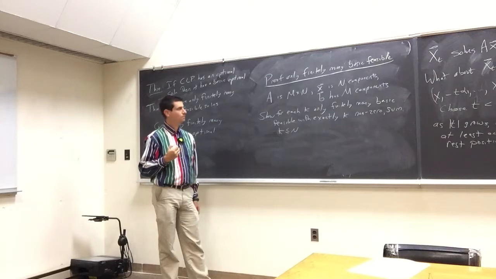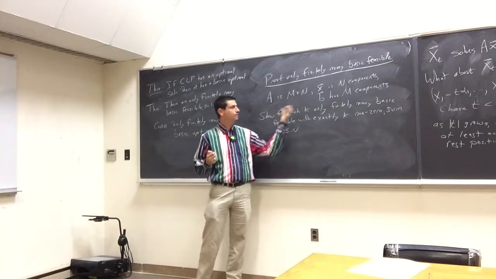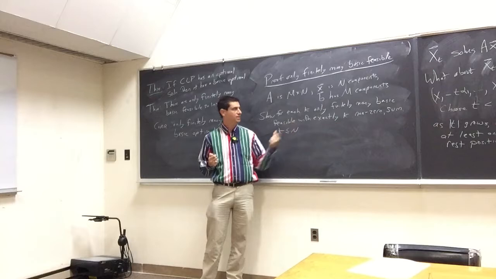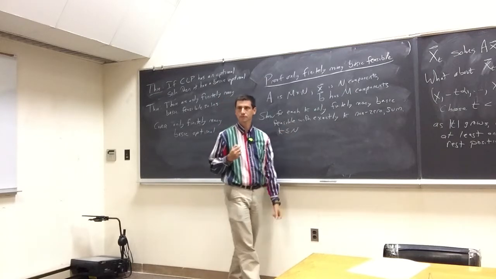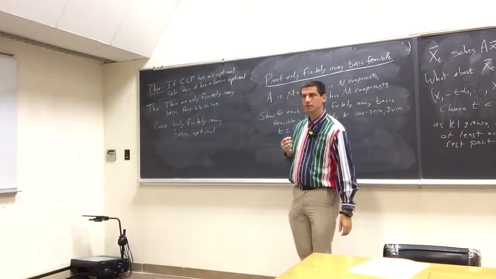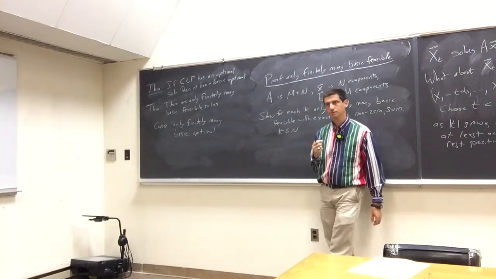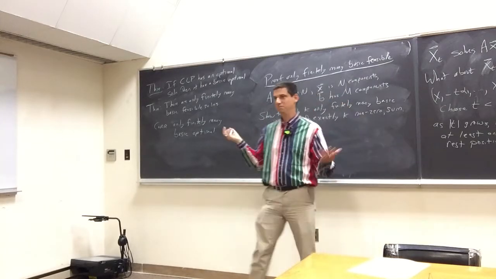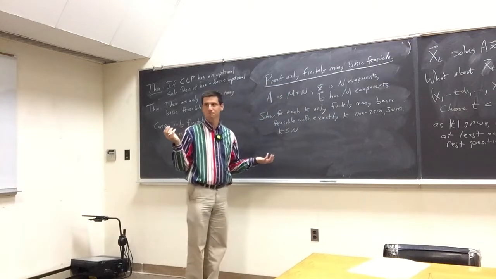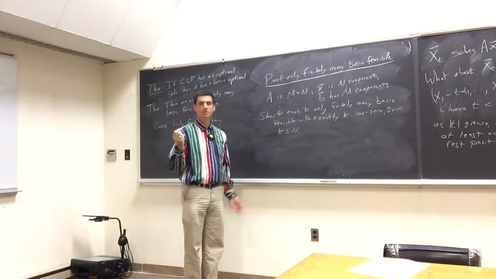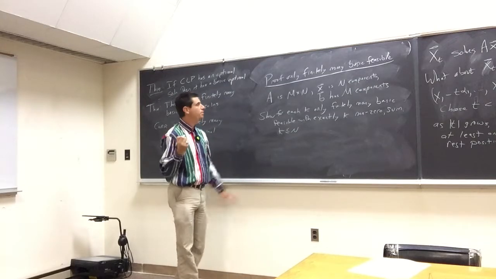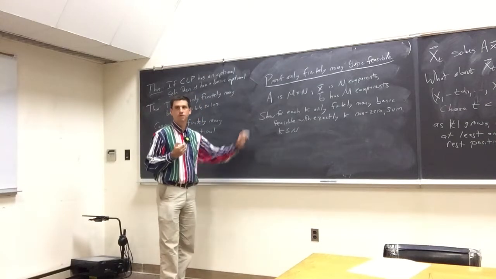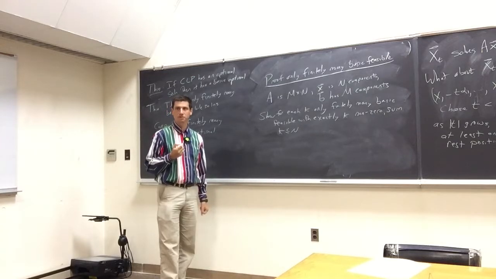K is the number of non-zero entries, right? So you therefore can't have more than n non-zero entries, since x is an n-length vector. So clearly k is at most n. Maybe we could do something better than n, but clearly it can't be larger than n.